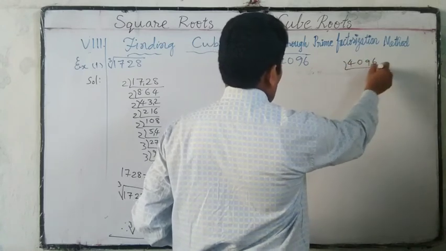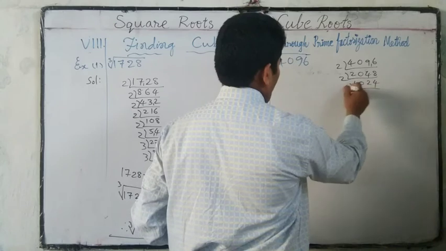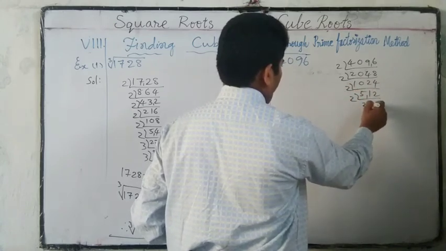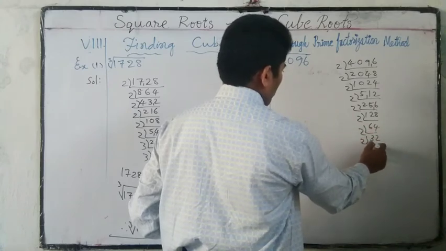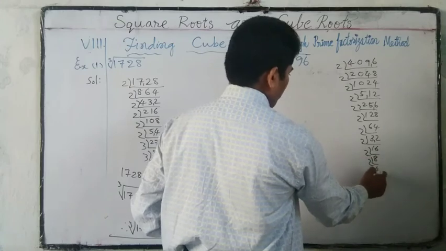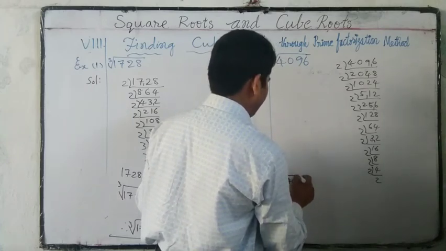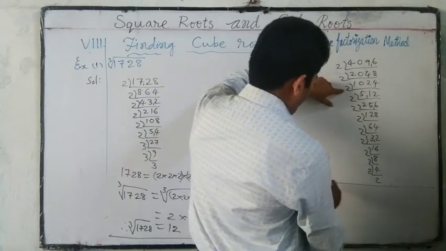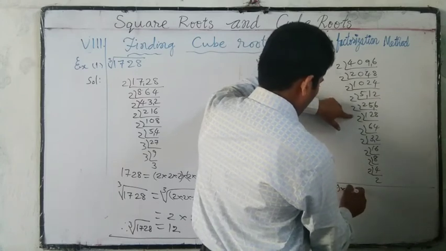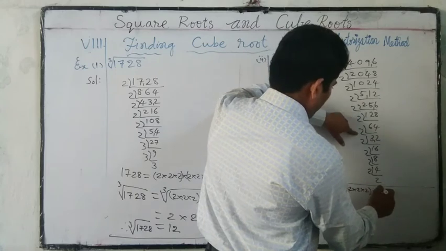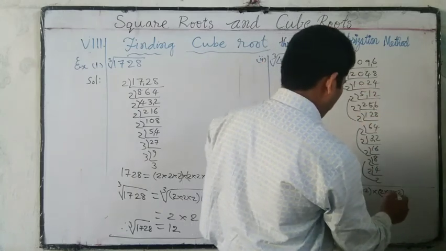4096. Dividing by 2 repeatedly, the cube root of 4096 is made of twelve 2s. We have to make 3 equal groups: 2 into 2 into 2, 2 into 2 into 2, one group, second group, third group, fourth group, 4 groups.